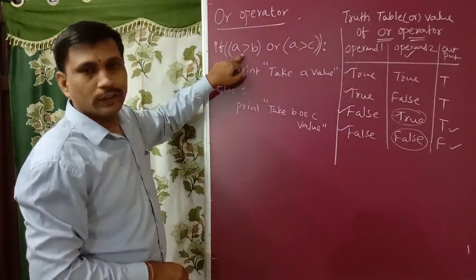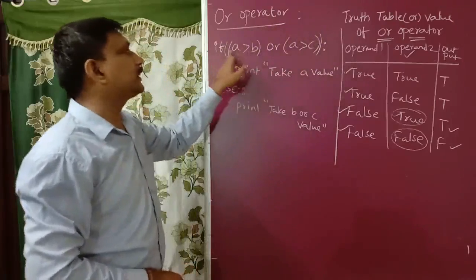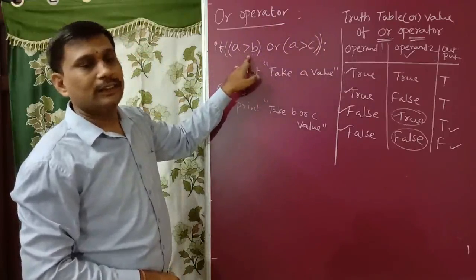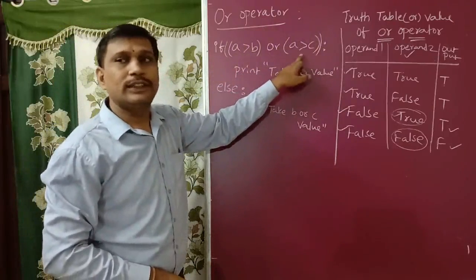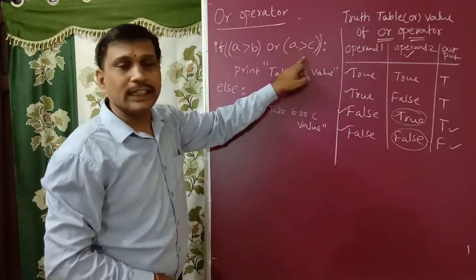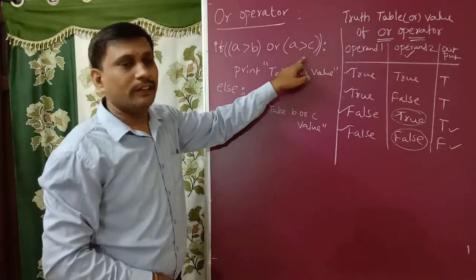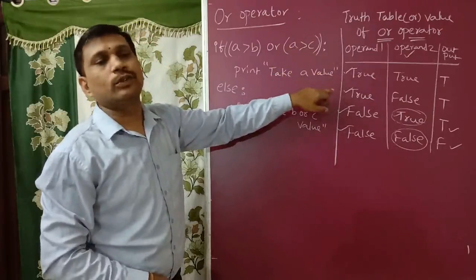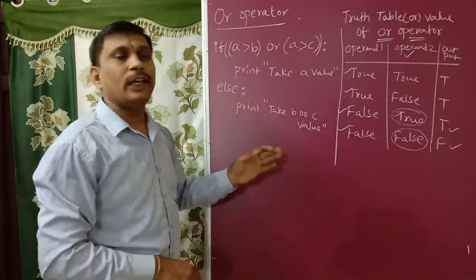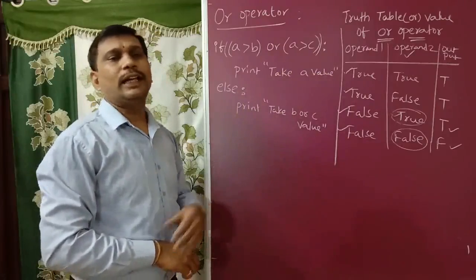If it evaluates to true, then the entire condition is true. If it evaluates to false, then we must check the second condition, and depending on it we decide. If it is true, the final output is true; if it is false, the final output is false. In this way we proceed with our example.